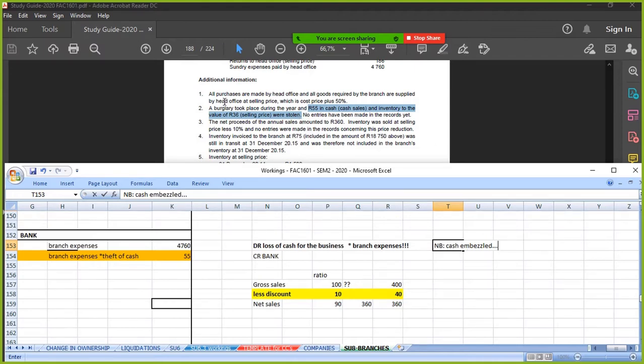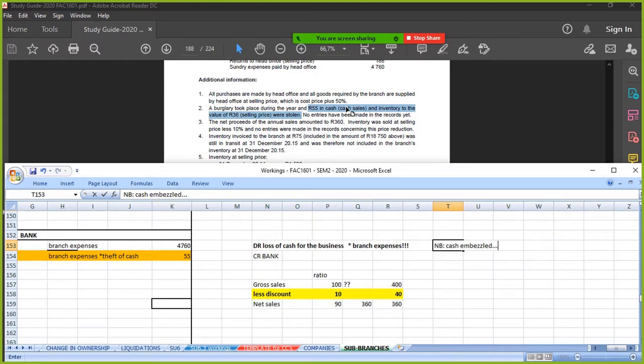Yes, it is. The burglary took place. The cash of 55 was from cash sales. Then the textbook says 2 entries will be necessary on the credit side of branch inventory. The first entry is in respect of the amount of cash banked from cash sales, and the second entry relates to cash that is embezzled.